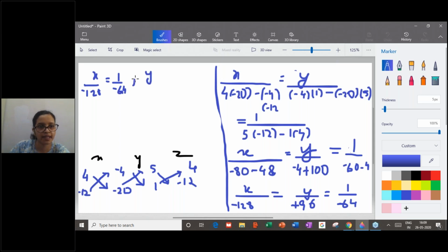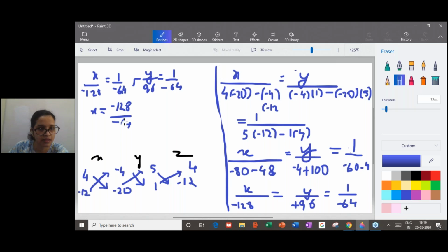Comma, y by 96 is equal to 1 by minus 64. So it will become x is equal to minus 128 by minus 64. Okay, this is 64, right?